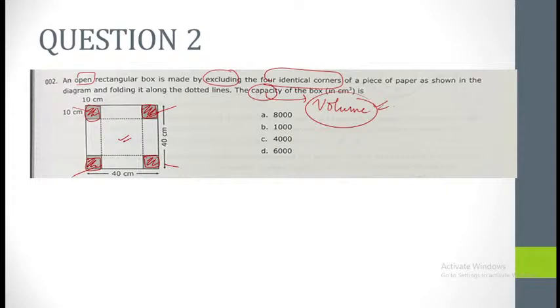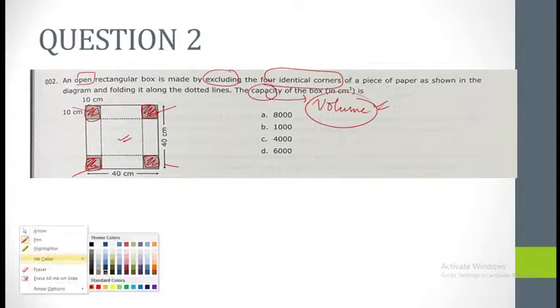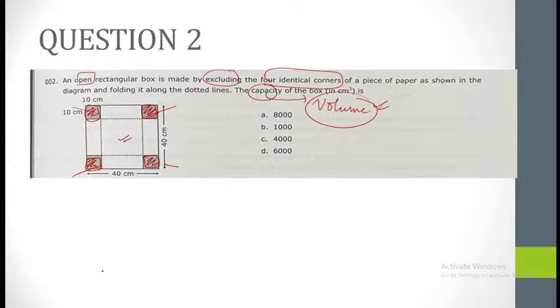Let everyone solve it first. Okay, Mike is writing the answer as C, Selva as D. Other students quickly mark the answers. Very simple. If you remember the formula, you can easily mark the answers.